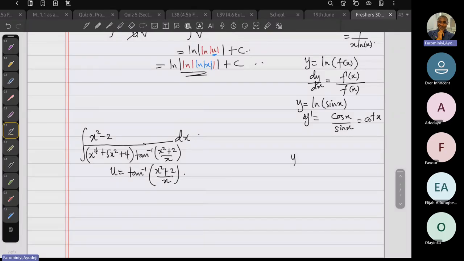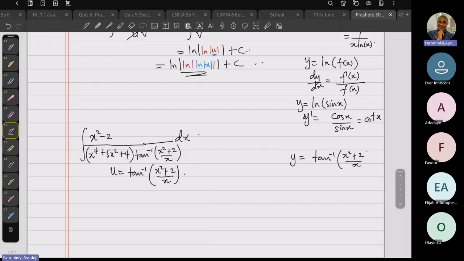Eva, do you know how to take the derivative of tan inverse of (x squared plus 2) over x? How to take the derivative generally of inverse tan functions? It's going to be an implicit function? No, it's not implicit, but it's going to be tan u equals (x squared plus 2) over x.